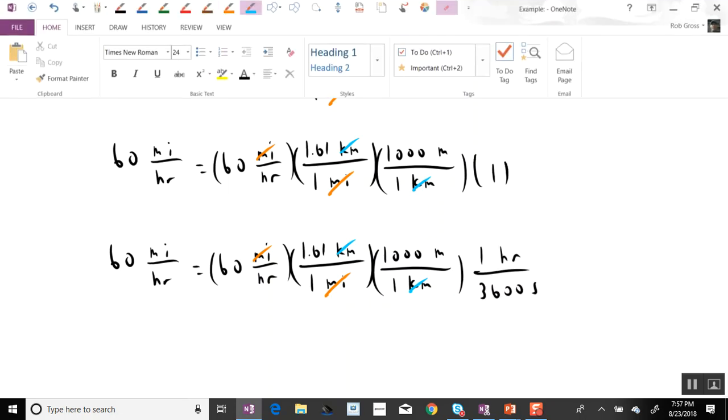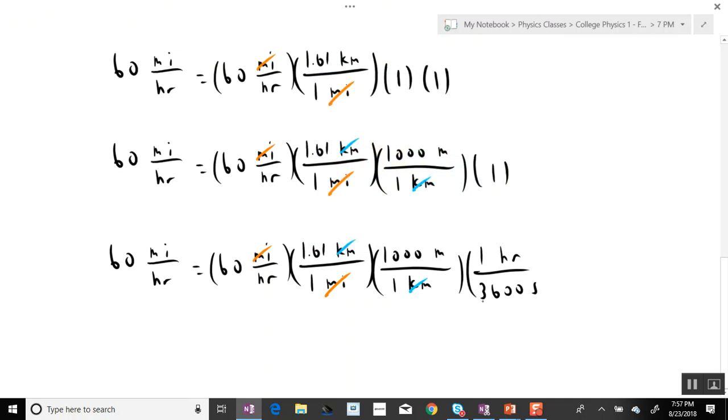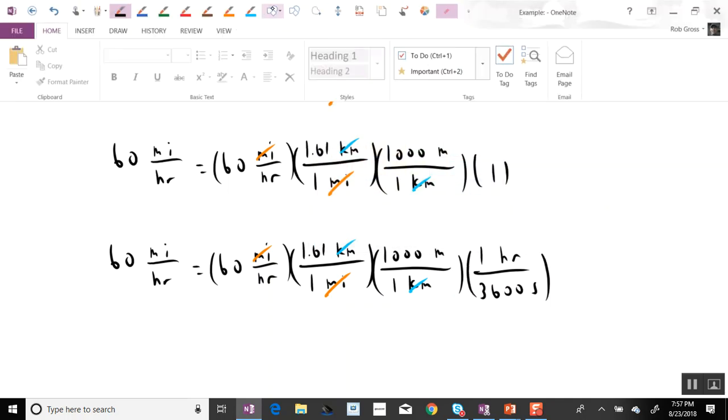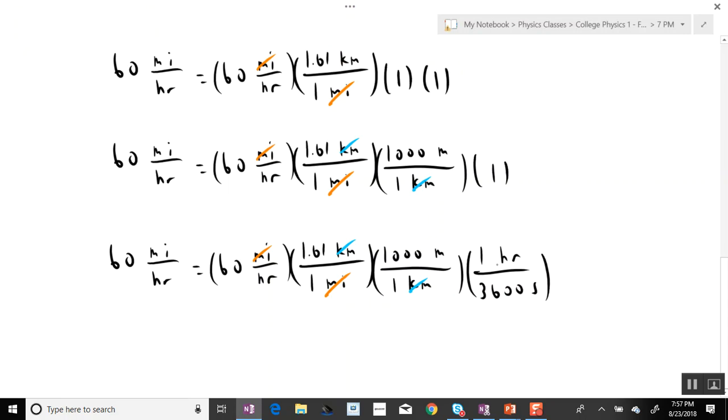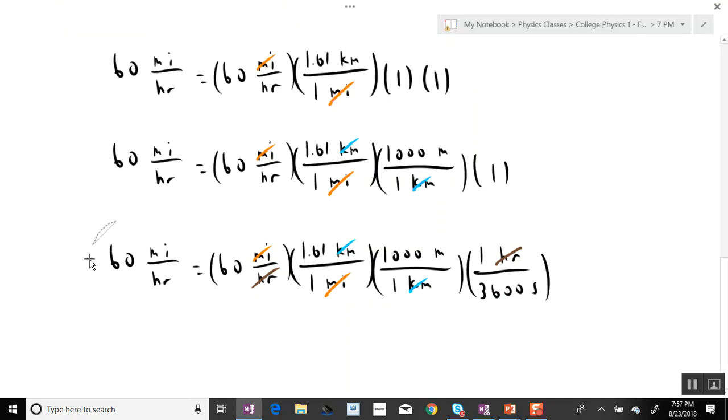So when I do this, this cancels the hours, right? So the hours go away. And what do I have left? I have meters at the top, seconds at the bottom. So if you look at the whole algebra, it's 60 times 1.61 times 1,000 divided by 3,600, right? That gives you the conversion to meters per second.